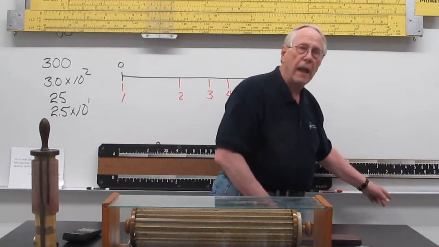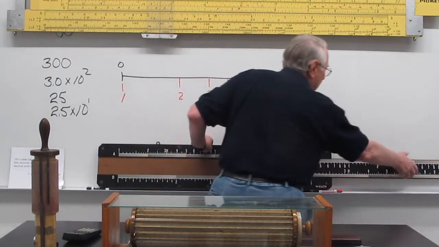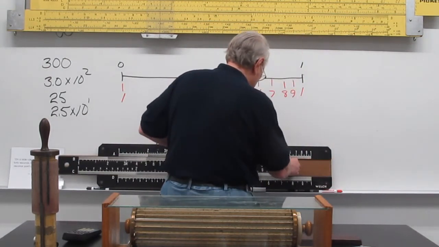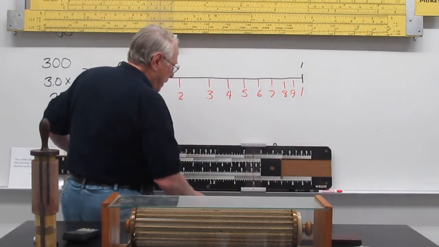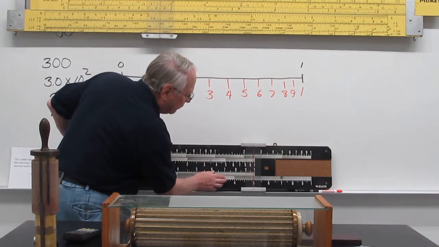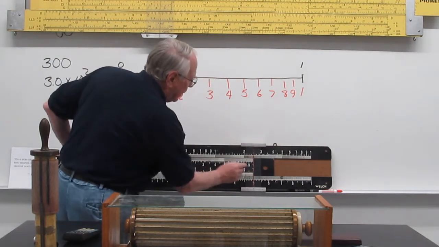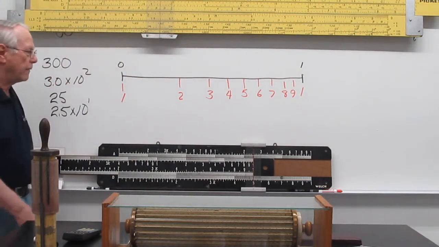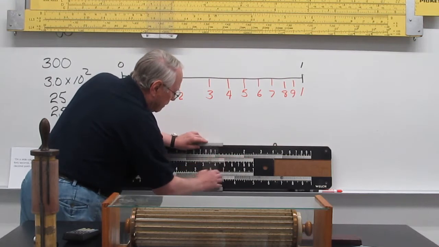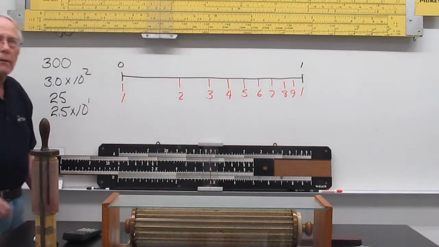But there's not a scale out here, but that's okay, because either end of the scale is called the index, so we will slide and put our index on the other side over the 5. Now we can move our cursor to 6, and here's our answer, 3.